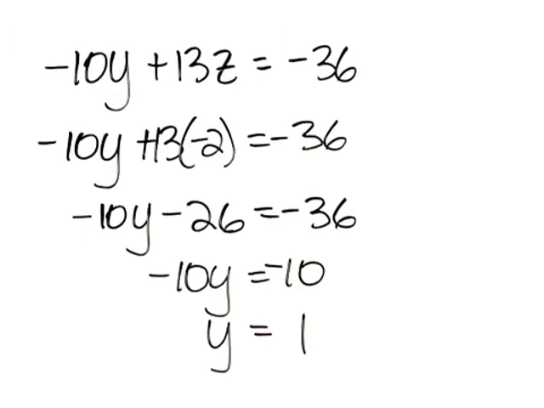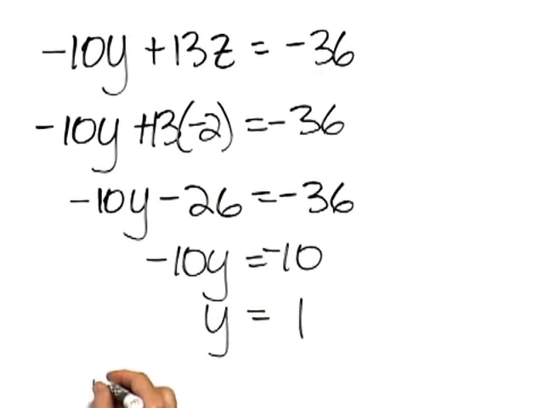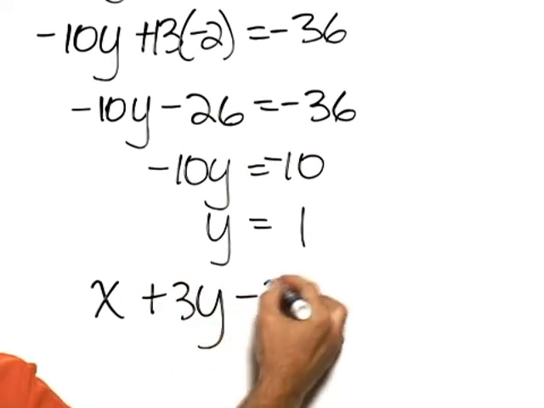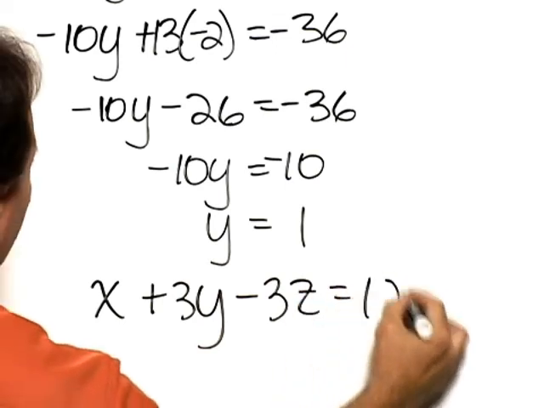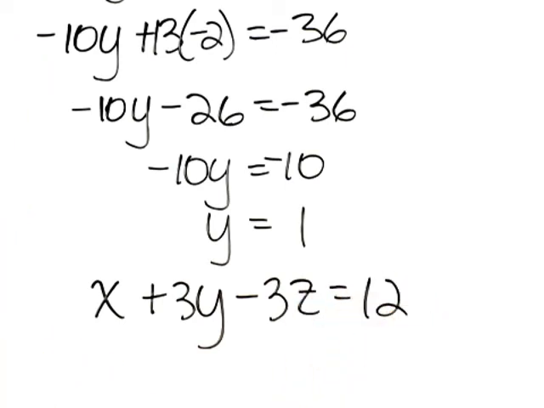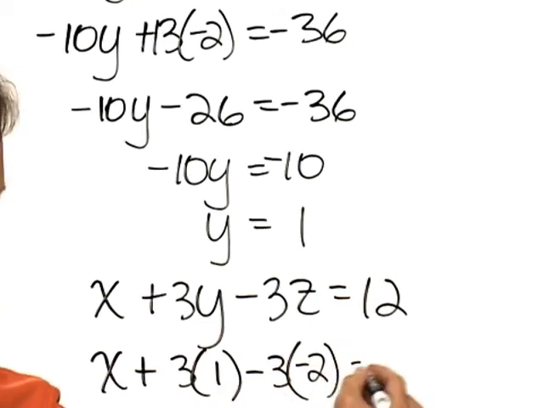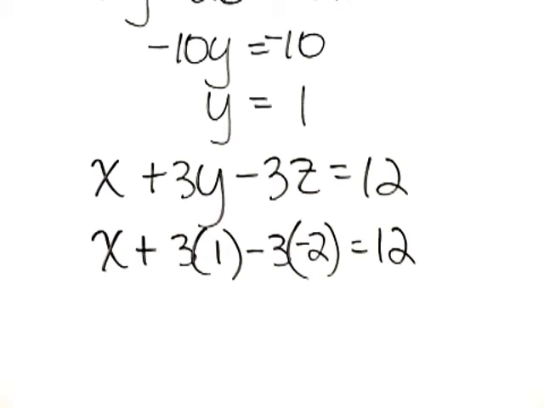From the first row of that matrix, we know that we have x plus 3y minus 3z equals 12. We now have the value of y is 1 and the value of z is -2. So we have x plus 3 times 1 minus 3 times -2 equals 12.